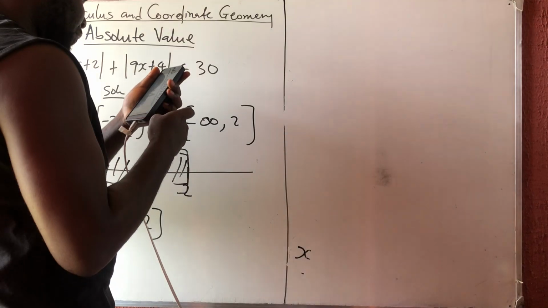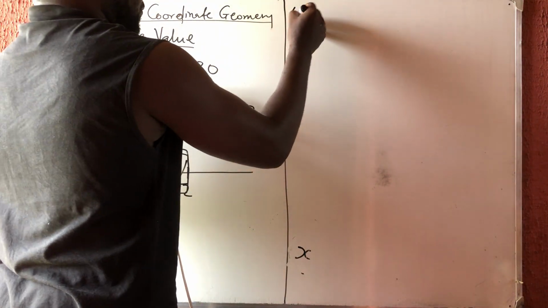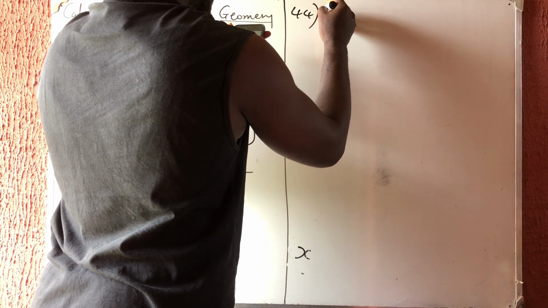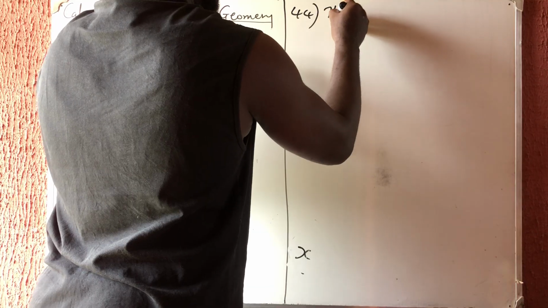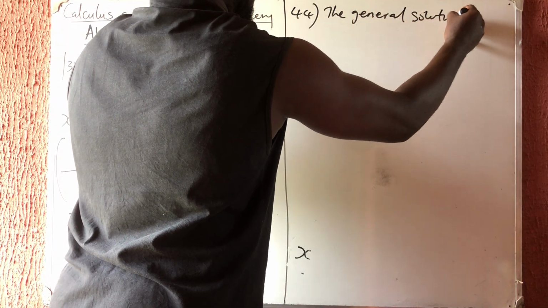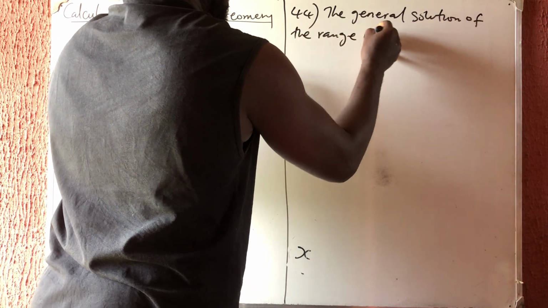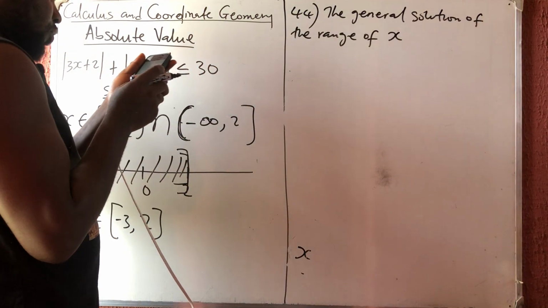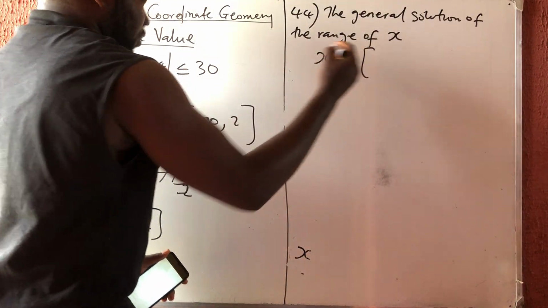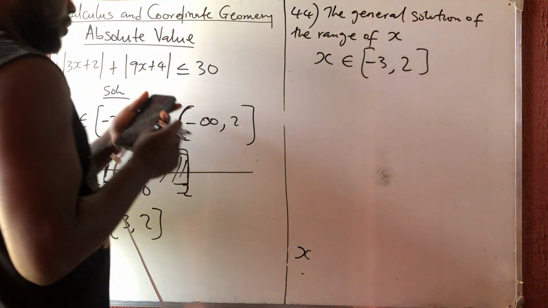Okay, question number 44 said the general solution of the range of x. So the general solution of the range of x is what I've gotten here, which is that x is an element of the closed interval of minus 3, 2. You close the interval. Okay.